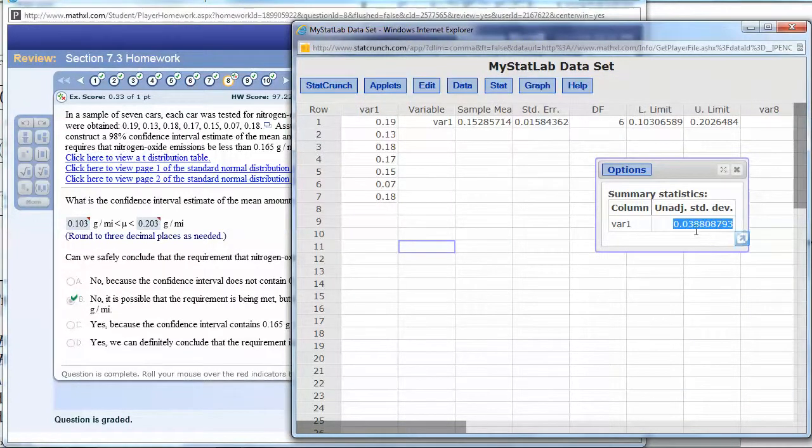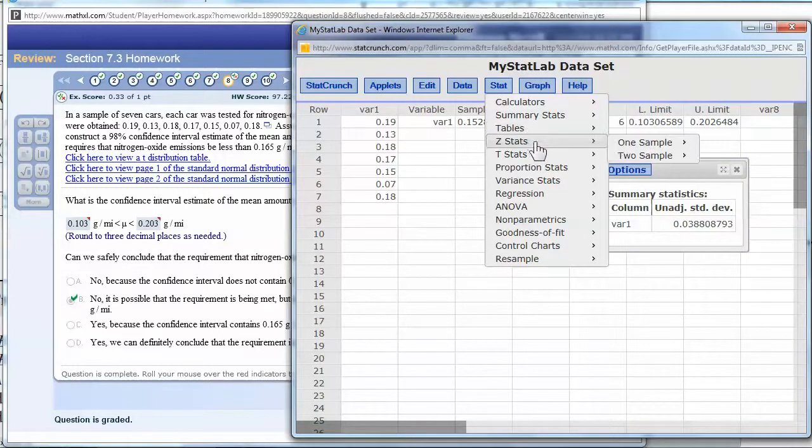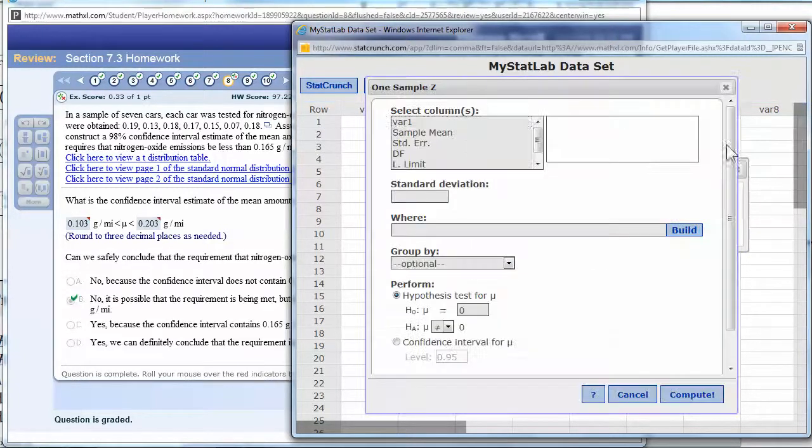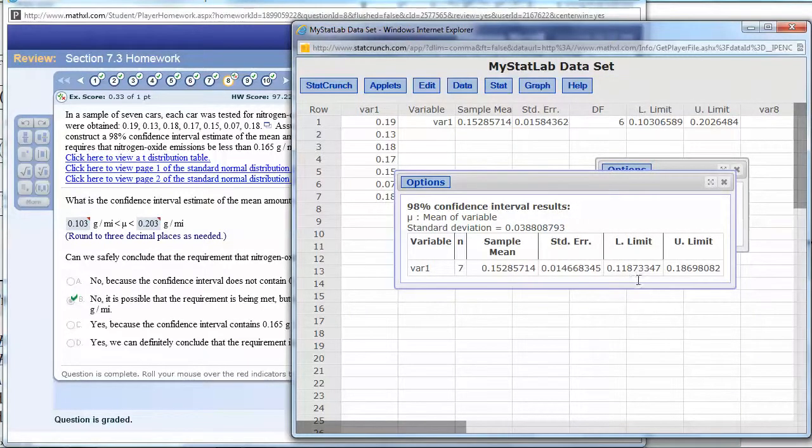Okay, so if I use this with the wrong distribution, just pasting it in there, I get a boundary of 118 thousandths and 186, not closer.